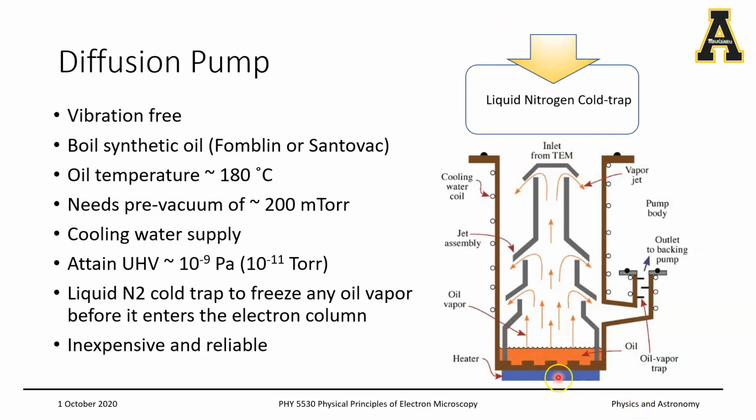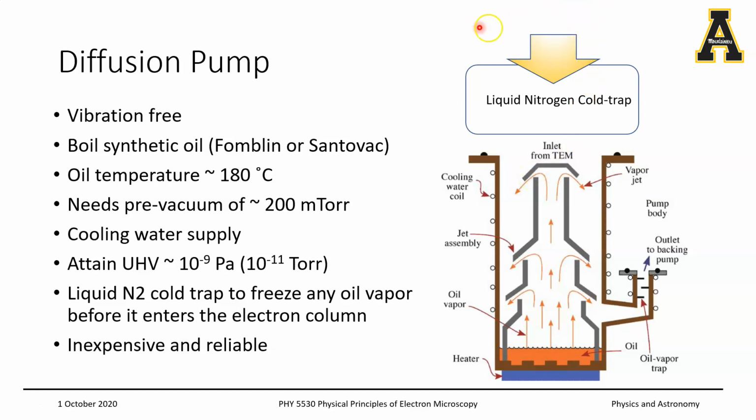You heat up the oil, the vapor or molecules rise up, and when they hit, so these are different stages. So let's say this is stage 1, stage 2, and stage 3. They come out of these vents on the sides, right? And by the time they are coming out of the vents here, the oil molecules have attained supersonic speed, right?